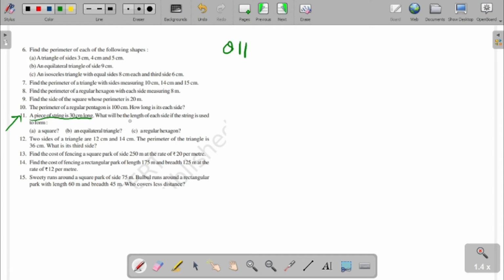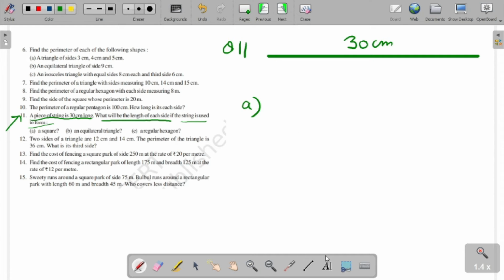What will be the length of each side if the string is used to form a square? If you have a string, for example, and its length is given as 30 centimeter, what did they do with it? In the first part, how did we make a square? They made a square from it.